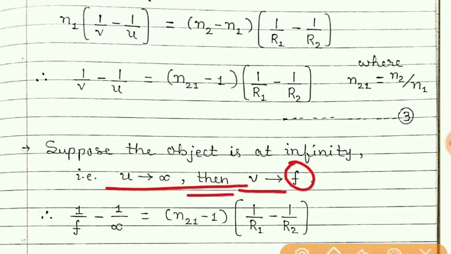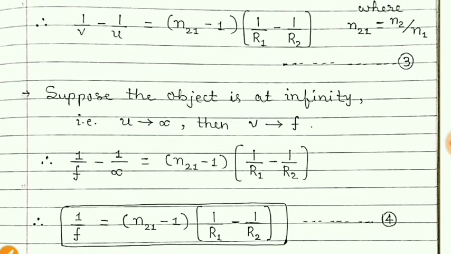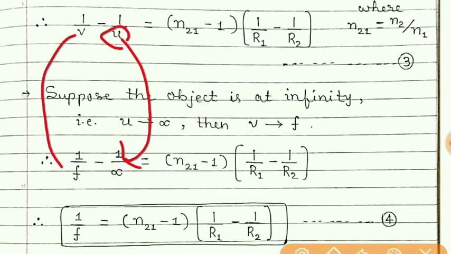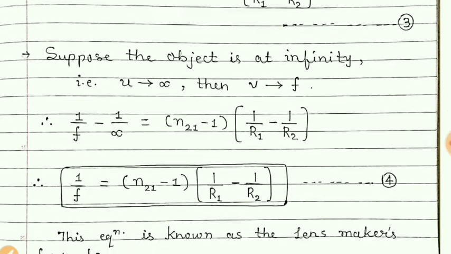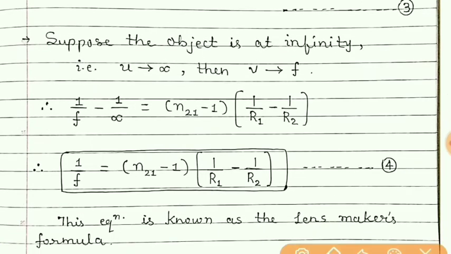So using this condition in the above equation, we can write u as infinite and v as f. The rest of the things on the right hand side stay as they are. Now 1 upon infinity is 0. Anything divided by infinity is 0.